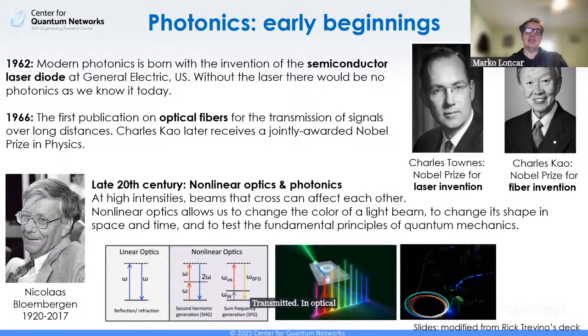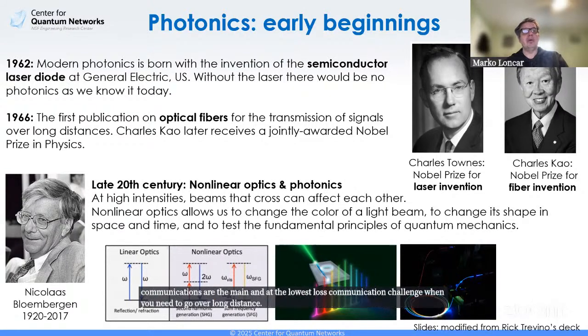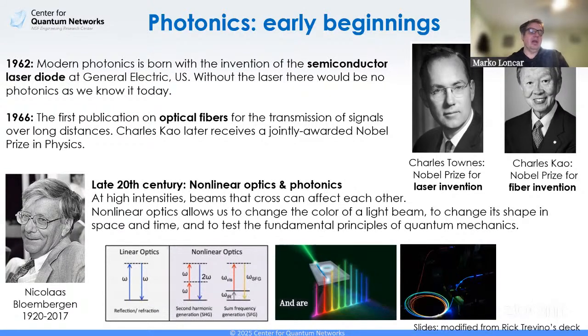As you will see, optical communications are the main and the lowest loss communication channel when you need to go over long distances, and are actually allowing us even to communicate right now.